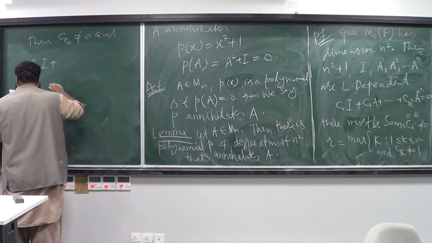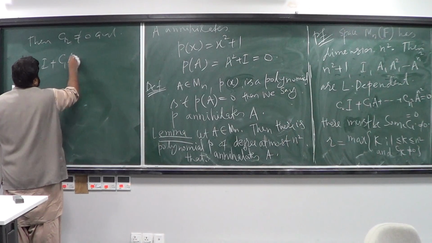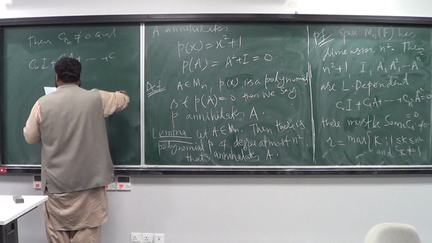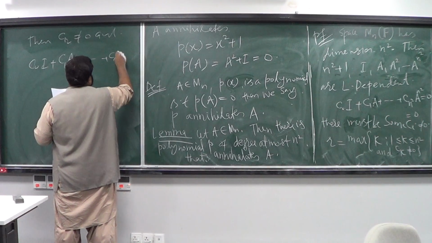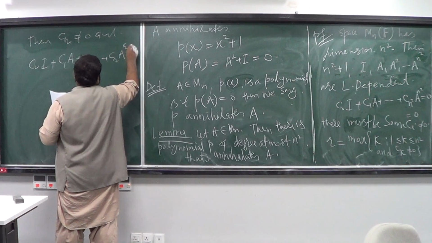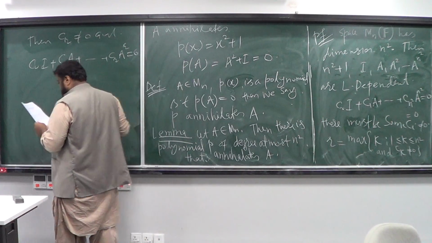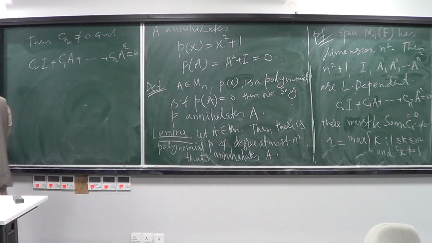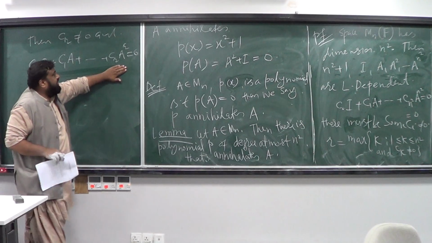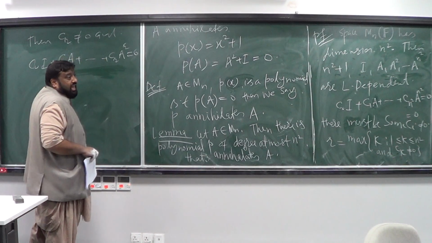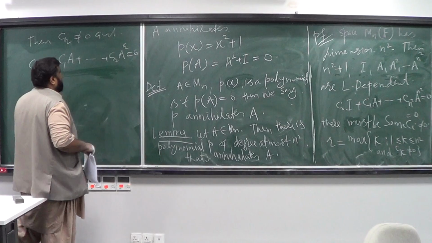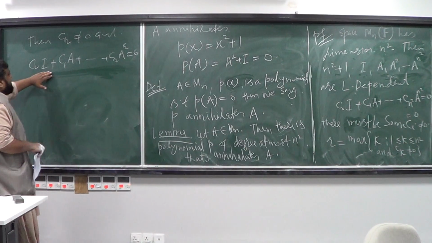C0I plus C1A plus so on and so forth, CR A power R is equal to 0. So this combination is 0, but the coefficient CR is not 0.